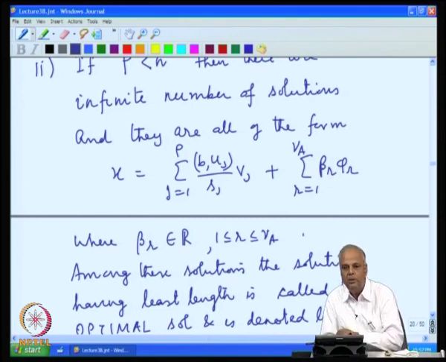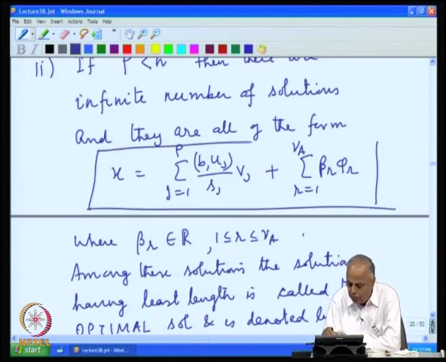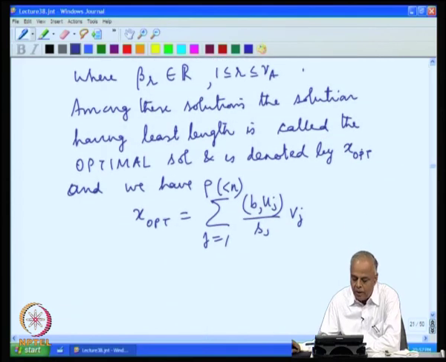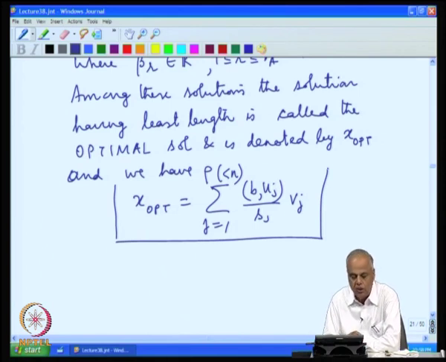Among these infinite solutions, which are all of this form, this gives us the structure of all the solutions. Among all these solutions, there is a solution which has the least length, and that is called the optimal solution, and that optimal solution has this structure.